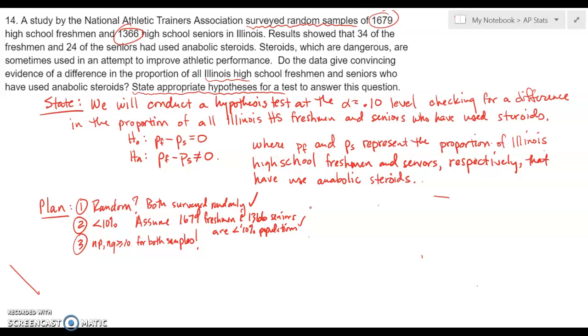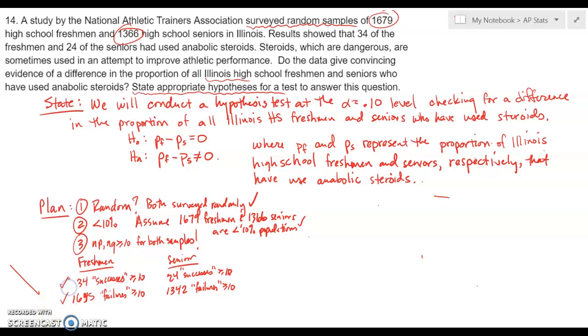And then our third condition, n times p and n times q both have to be greater than or equal to 10. So in other words, we have to have more than 10 successes and 10 failures for each one of these. I'll show the quick math, but essentially these check out. In this case, because they give us raw data, they don't give us actual proportions, we're not going to be checking n times p. We're just going to be noting that there are 34 successes for freshmen, and I put successes in quotes because that means you use steroids.